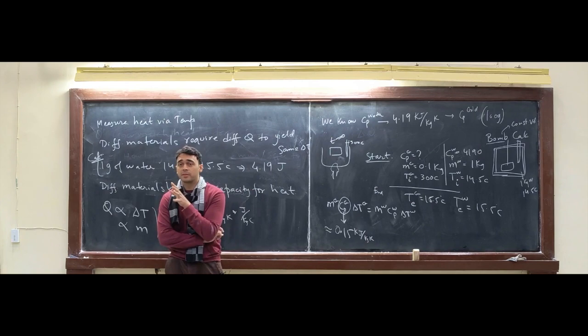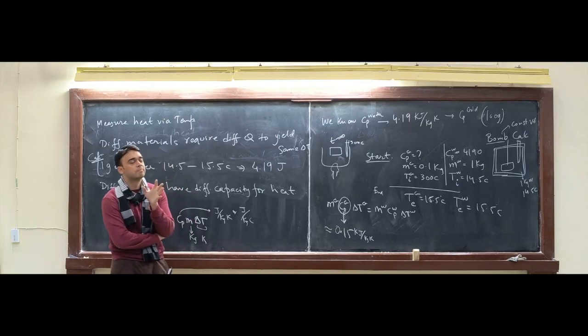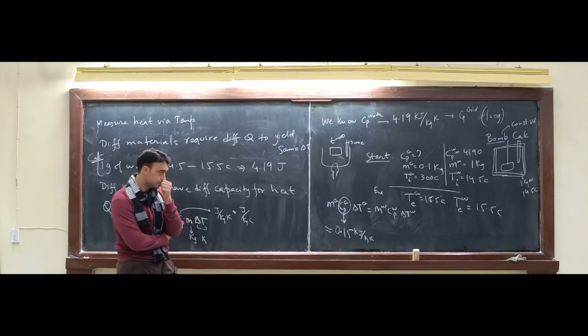You do this experiment and your friend tells you that actually the Cp of gold is known. People who did this also did it for gold, and the value for that is 0.13. Not the same as this.